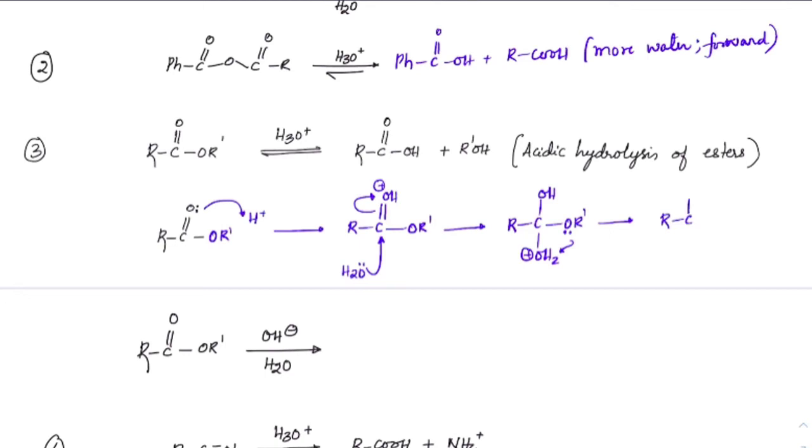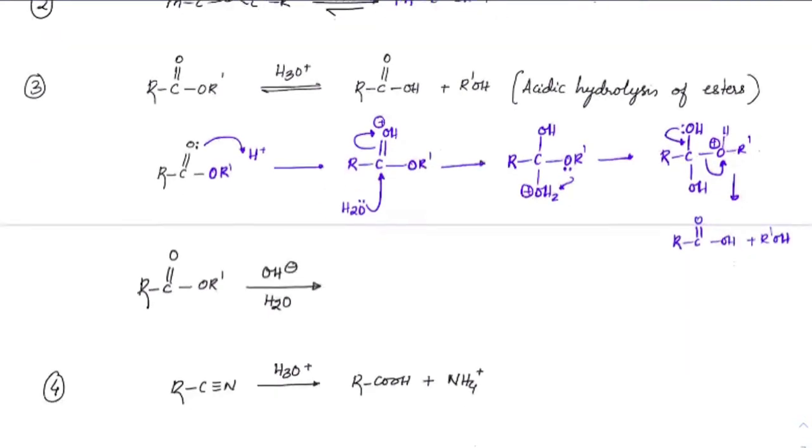Get this as C OH, OH, R dash OH. As this lone pair closes, this group will leave plus charge. So that's how we'll get this as R C double bond O OH plus R dash OH. For those who didn't understand the mechanism, please go through this, okay?